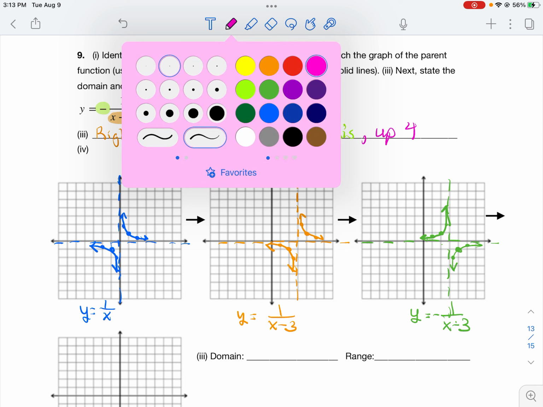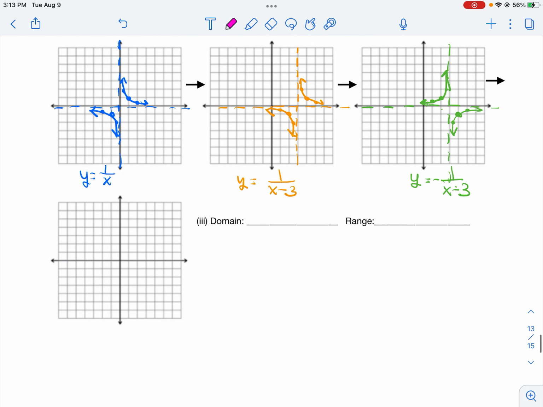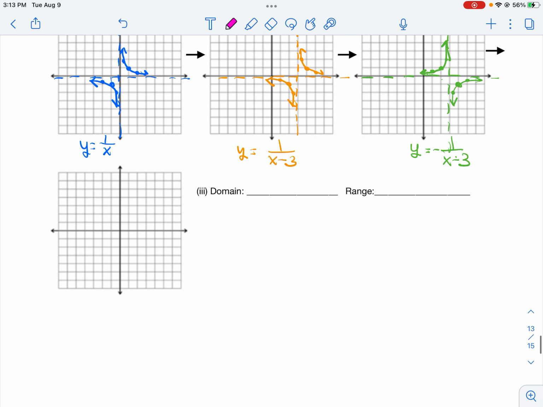And then the last thing we have to do is move up 4. So that's our main point, because we're moving up and down. Over 3, up 4 now means I have my horizontal asymptote going through 4 and my vertical asymptote going through 3. Again, that point where they intersect is our main point, but it's not actually a point on our graph, so let me erase it really fast.